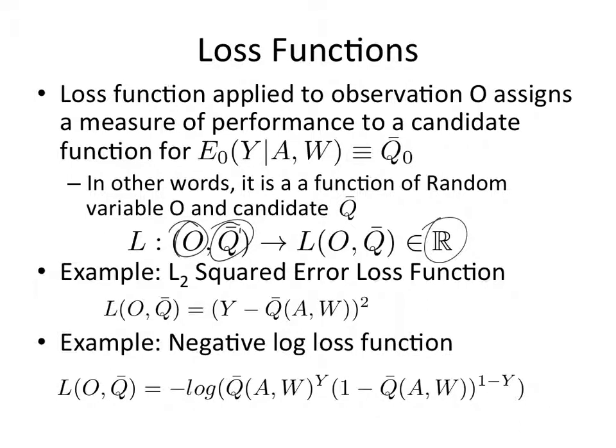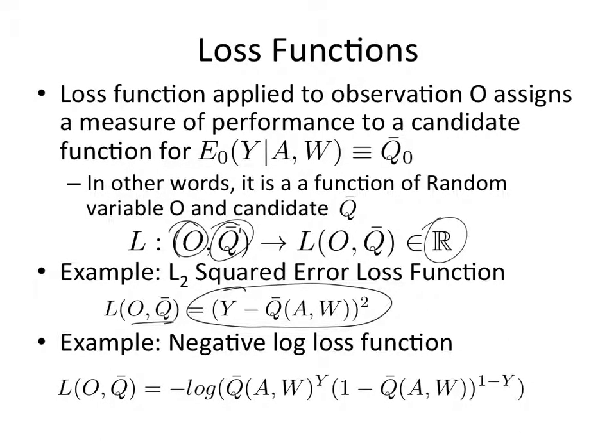For instance, squared residual: if you put in the true value of the observation, which is Y, A, and W, and you put in what the prediction would be given my current model, then it maps that into the predicted minus the truth, squared. And that loss would be squared loss, as we'll see. That's what I have right here. So this is one example, squared loss. Every time I put in the observation and the prediction, it returns this number, which is just the squared residual error loss.